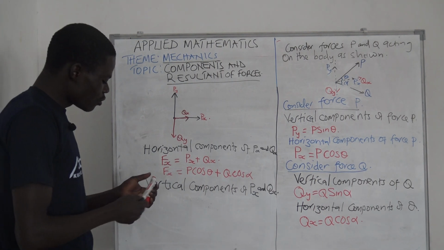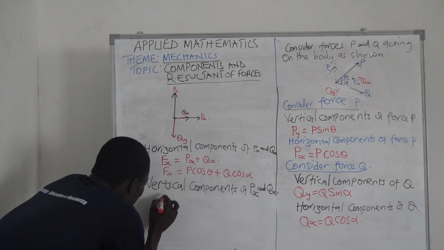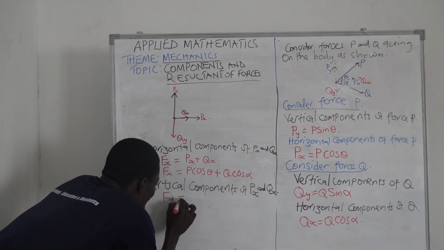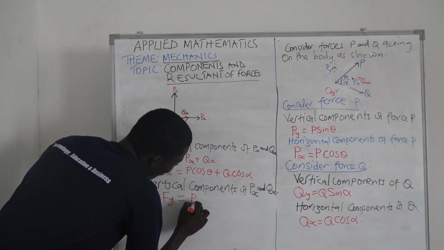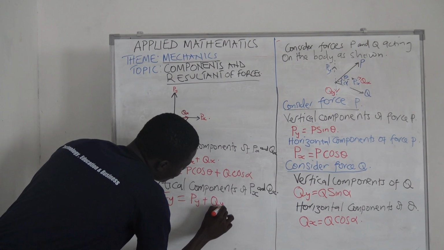So how are we going to calculate the vertical component? Let us call it Fy. So our Fy will be given by Py plus Qy.